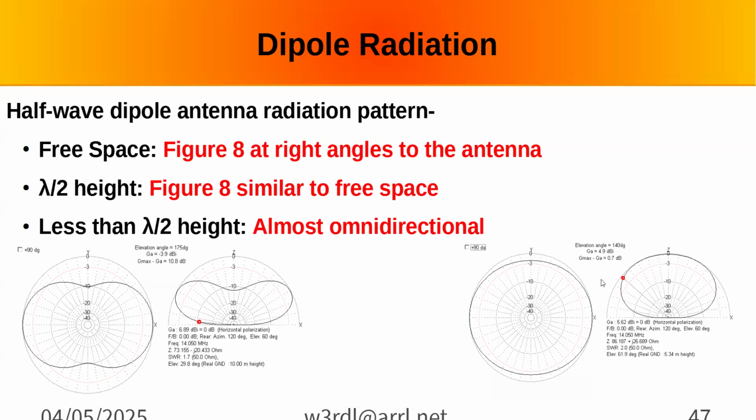When we get down closer to the ground, it starts to become essentially omnidirectional. And if you get down below 1/10 wavelength, which we'll talk about later, it becomes NVIS, near vertical incidence skywave.